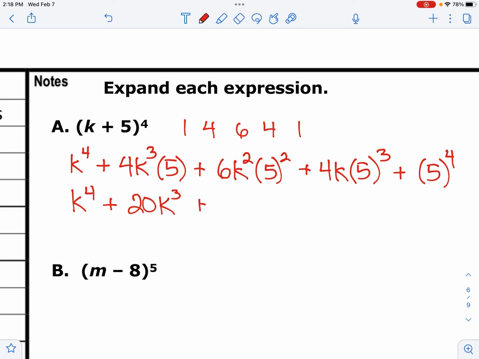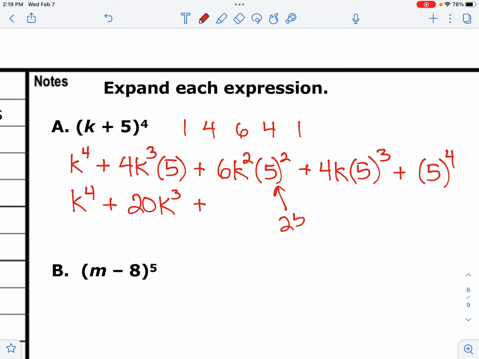Okay, cool. Then here, remember PEMDAS says I need to do exponents before I multiply. So I can't do anything with k squared, but I want to do this first. 5 squared is 25. So I need to take this 25 and multiply it by this 6.